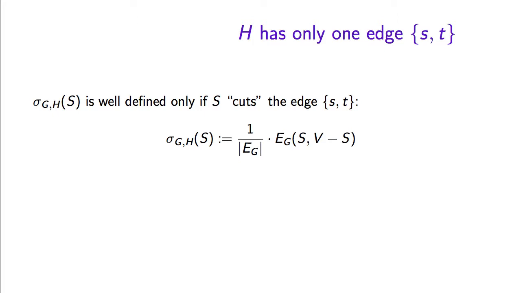Let's see some examples of instances of this problem. So in this problem we have these two graphs G and H defined over the same set of vertices.